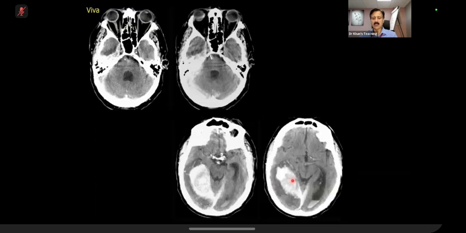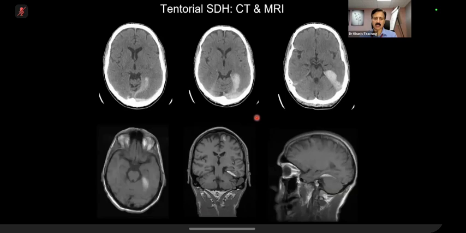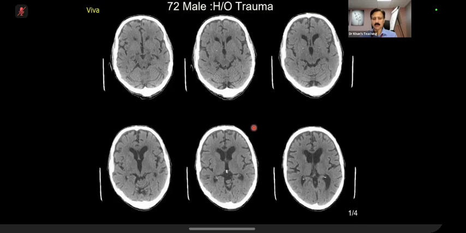And this means that it is within the tentorium. So this has come in the exam so many times. Where is it? They're going to grill you on an axial slice. Look at this case. It goes along the dura here, and this is an MR which tells you where it is sitting. It is sitting in the tentorium. But on an axial slice, it becomes a bit confusing.